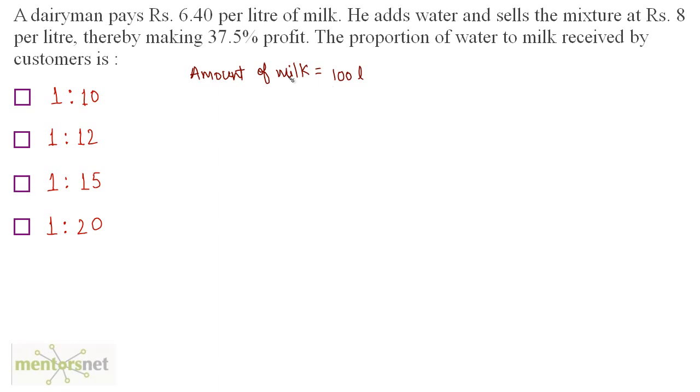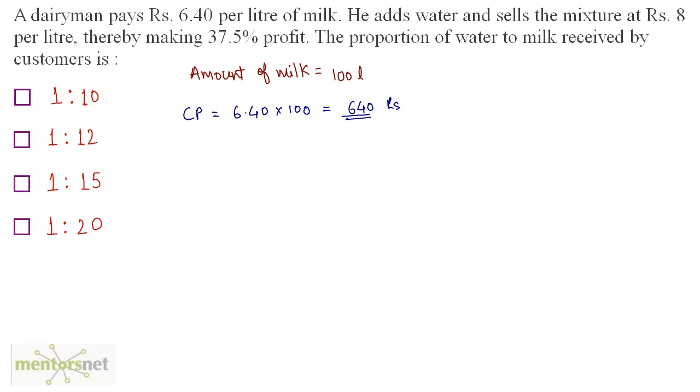So this man has 100 liters of milk purchased at the rate of 6.40 rupees per liter. So we can have cost price of the milk he purchased is equal to 6.40 times 100, and that is equal to 640 rupees. Okay, the cost price is 640 rupees.